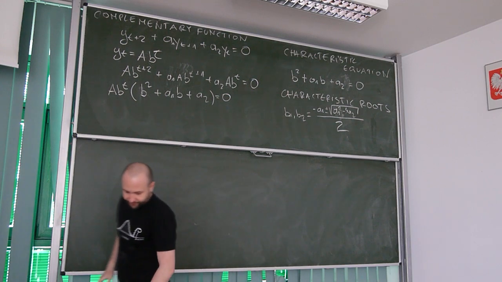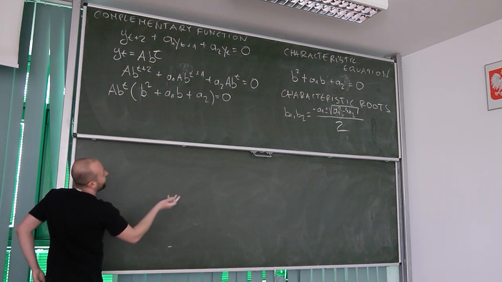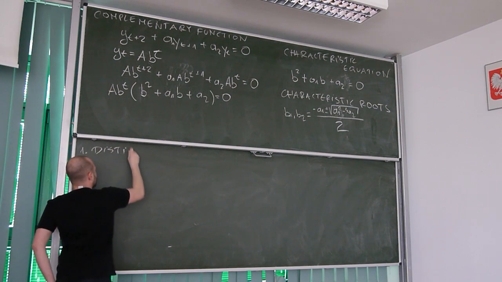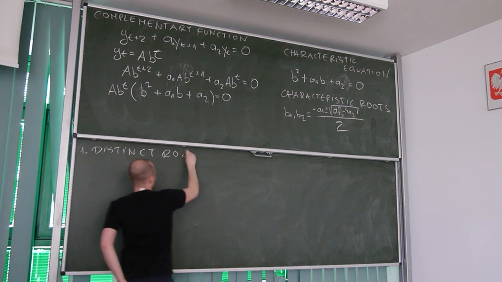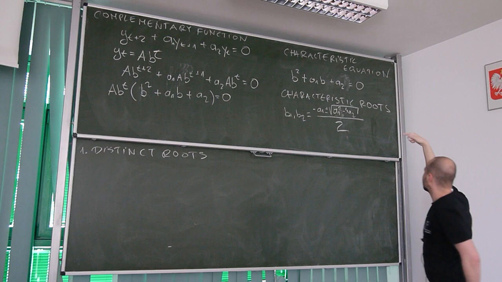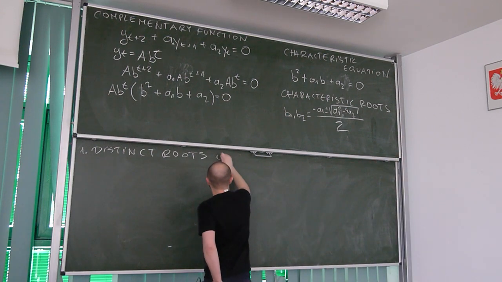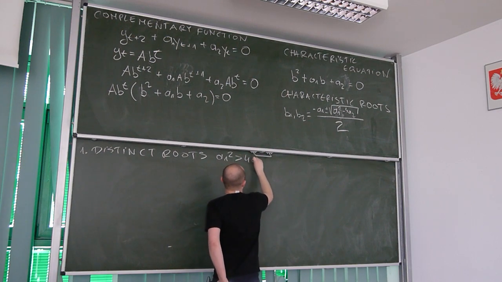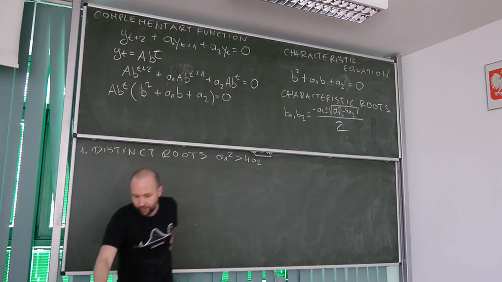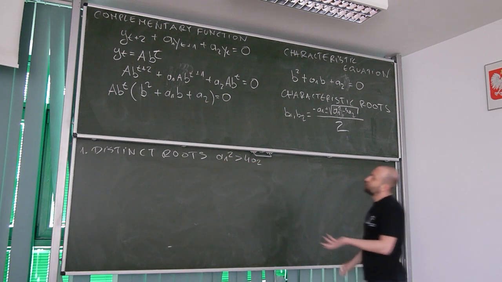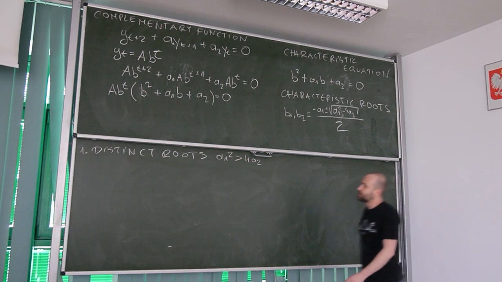Okay, so let's start with distinct roots. So now we are dealing with the case when a1 squared minus 4a2 is bigger than 0, so a1 squared is bigger than 4a2. Look, what will be our solution?